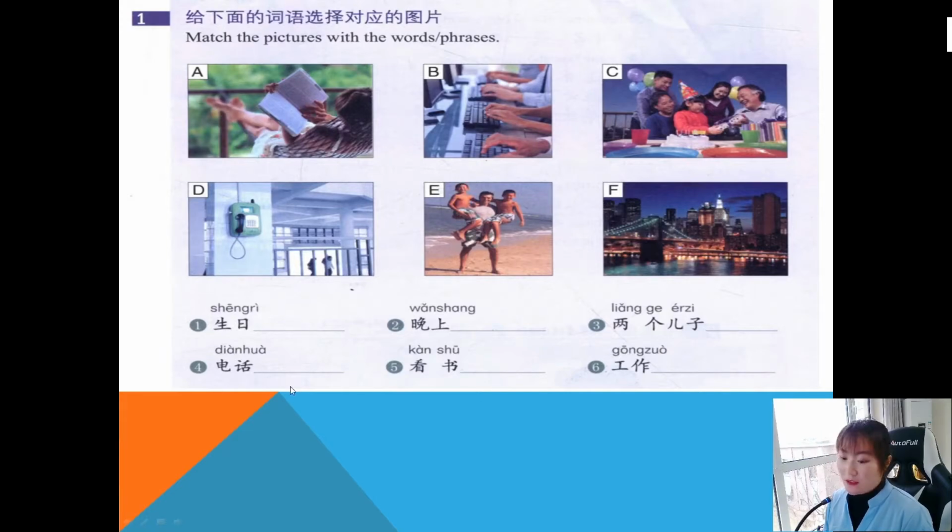So choose E, right? 电话。Telephone, so choose D. And next one, 看书 choose A. Read book, 看书 choose A. Next one, 工作，工作 work, so choose B. And the answers are C, F, E, D, A, B.